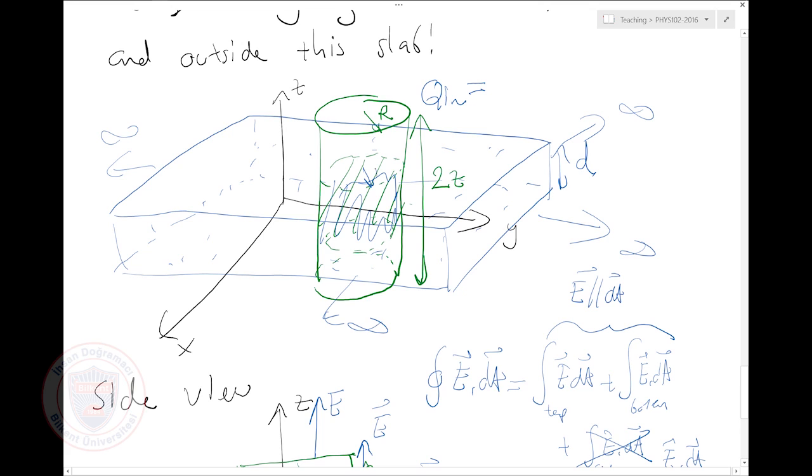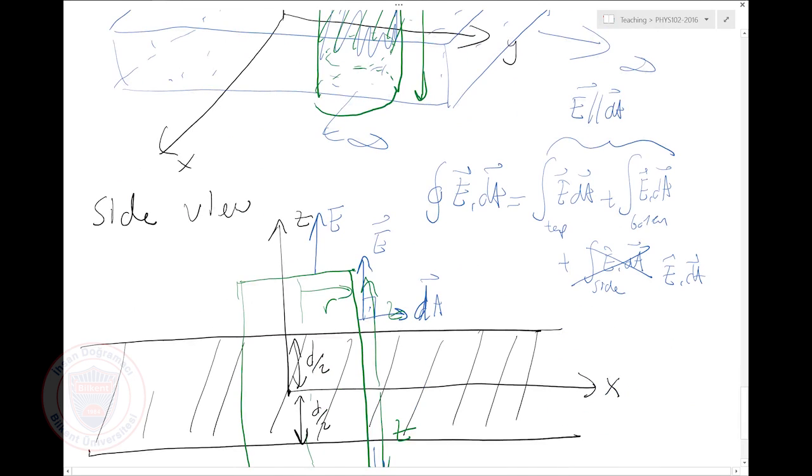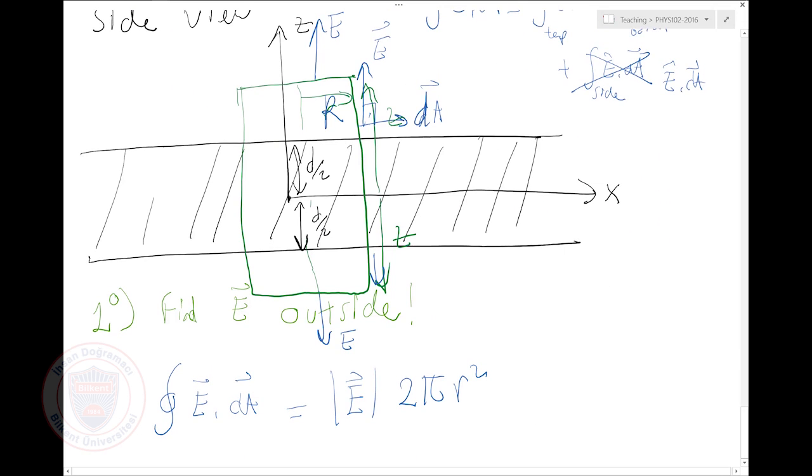This is capital R. The volume is pi r squared times d, the thickness of the cylinder, times rho. So Q in, now I can write, is pi r squared times d times rho.